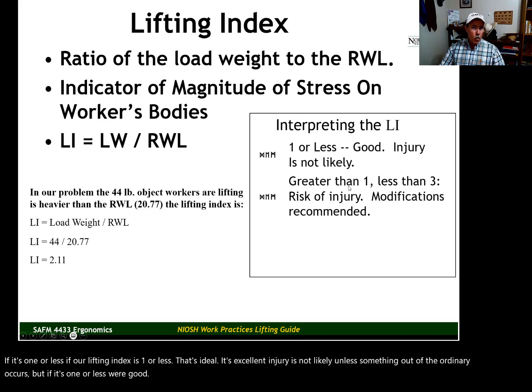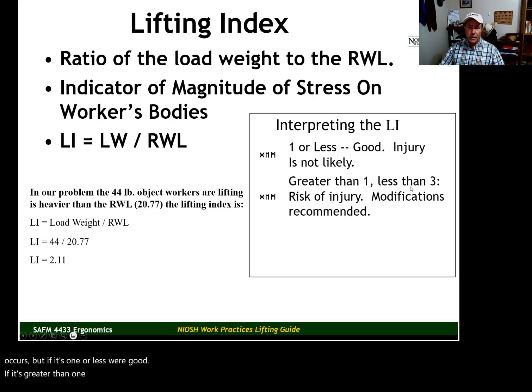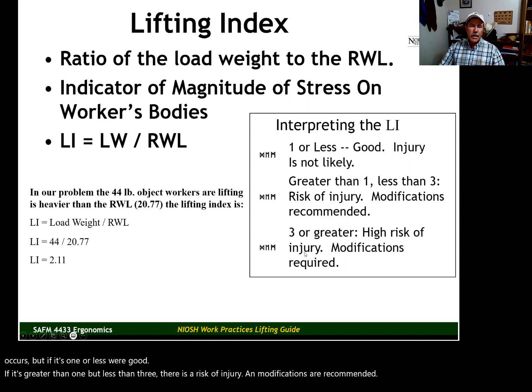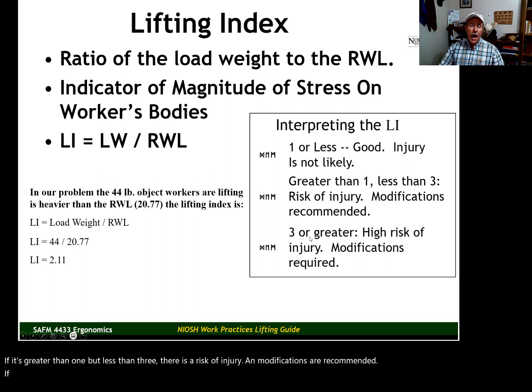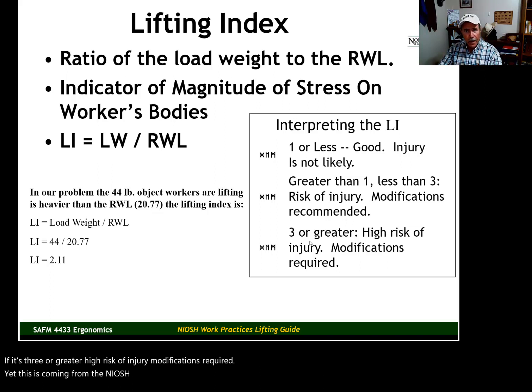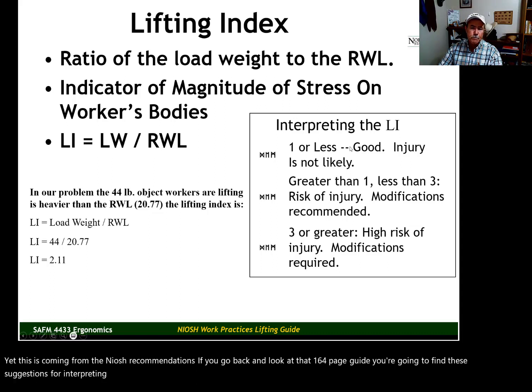If it's greater than 1 but less than 3, there is a risk of injury and modifications are recommended. If it's 3 or greater, high risk of injury, modifications required. Again, this is coming from the NIOSH recommendations. If you go back and look at that 164-page guide, you're going to find these suggestions for interpreting the lifting index.